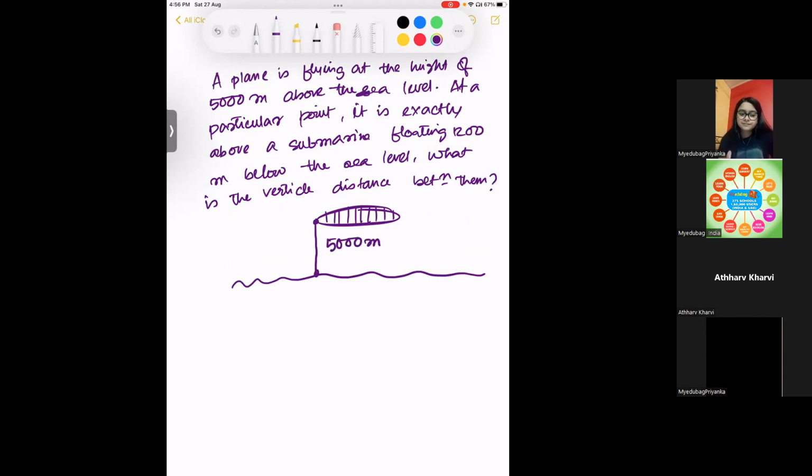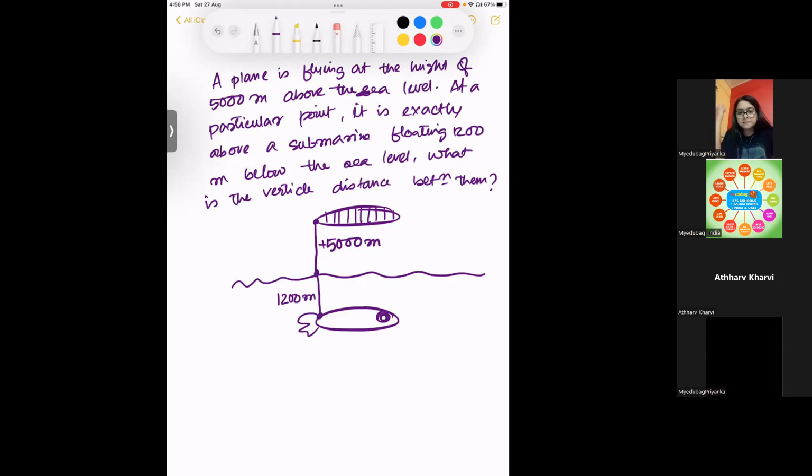Plus 5,000. Now at a particular point, the plane is exactly above a submarine. Suppose this is the submarine. The submarine is exactly 1,200 meters below the sea level.